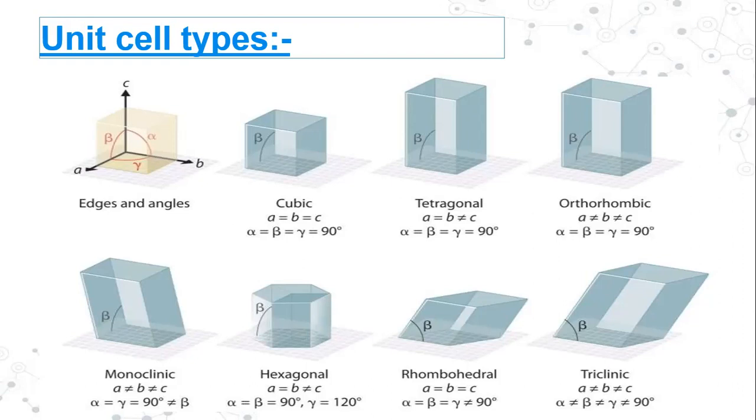You can see it in the picture, alpha is not equal to beta, beta is not equal to gamma, and gamma is also not equal to 90 degrees. So that is alpha is not equal to beta is not equal to gamma, that is not equal to 90 degrees. So these are the different types of unit cell forms. So let's see for a while.